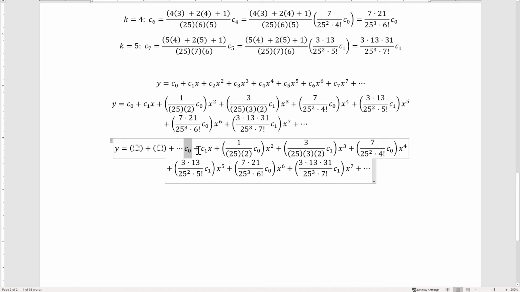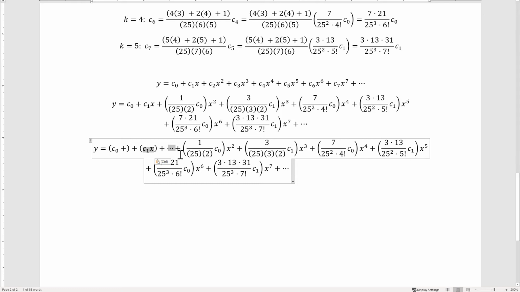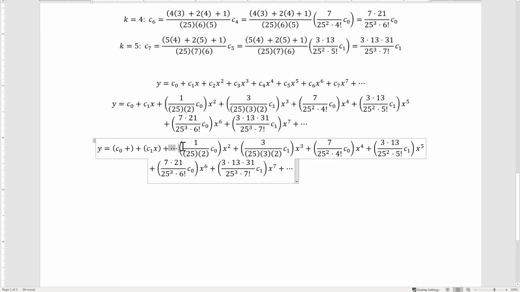We have C sub 0 and the C sub 1s. And then C sub 2. And then C sub 3.